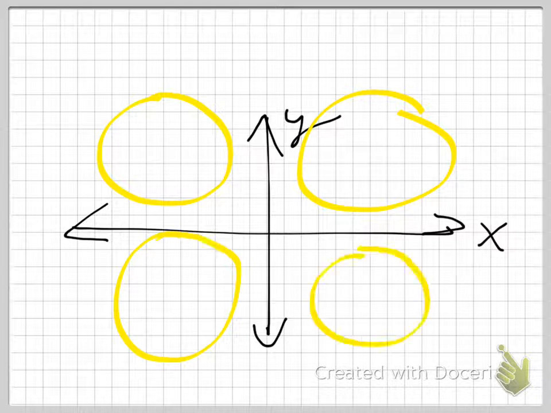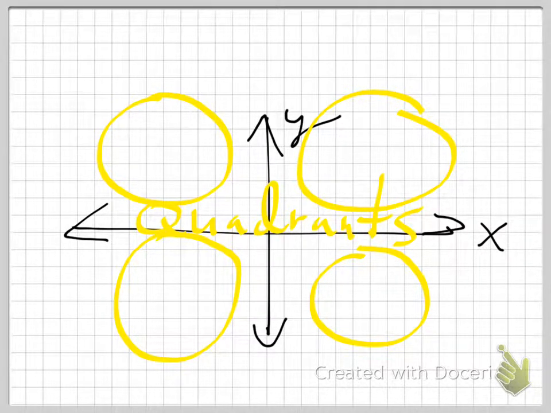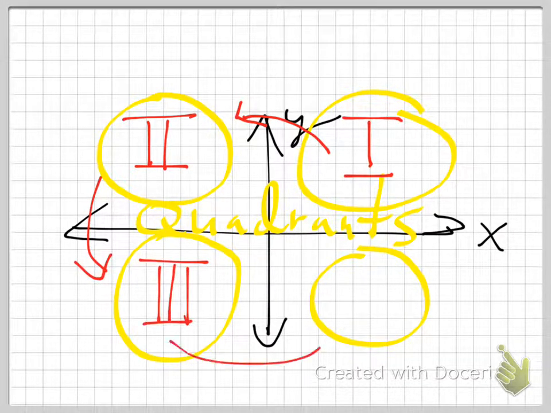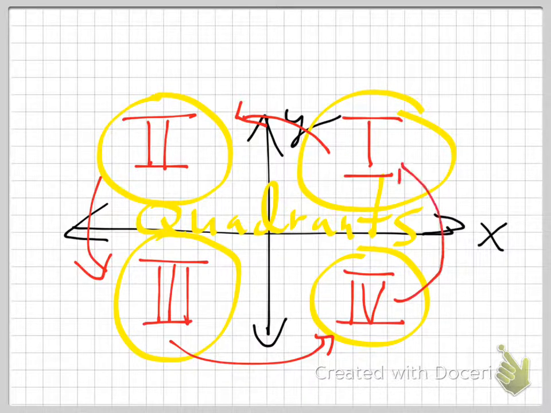Another name for corners is quadrants. And what we do is we start where everything is positive, and we're going to start with quadrant 1. We usually use Roman numerals, and then we continue around counterclockwise. So this is quadrant 2. Down here would be quadrant 3. And finally back around here is quadrant 4, so IV. And then we continue back to quadrant 1.